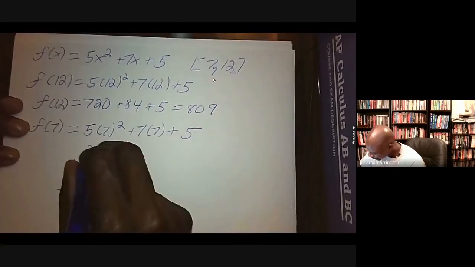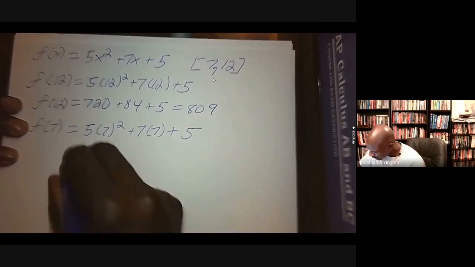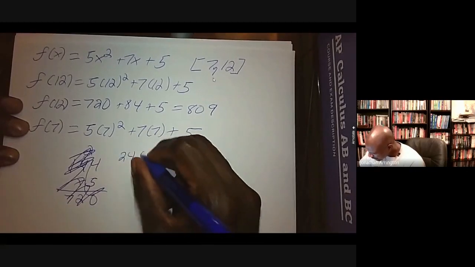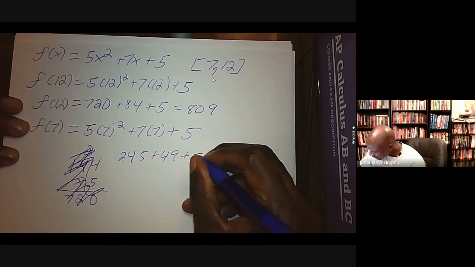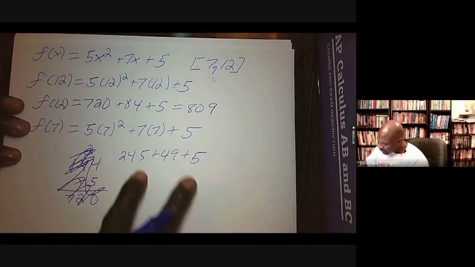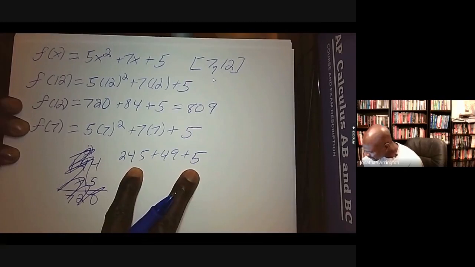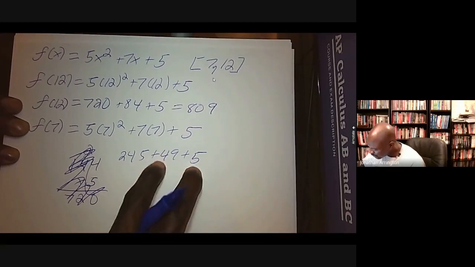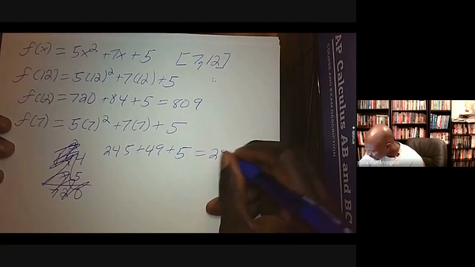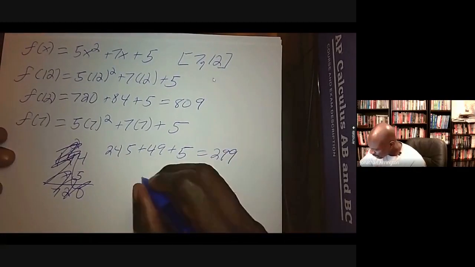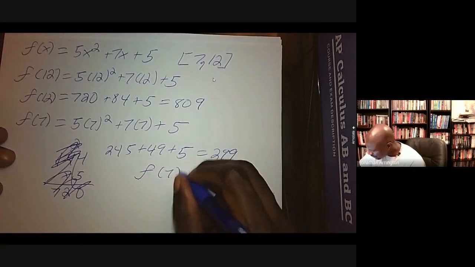So that's 245 plus 49 plus 5. So if I just add these two, that's 250. So 250 and 49 is 299. So that's 299. Okay, and this is f of 7. So f of 7 is 299.